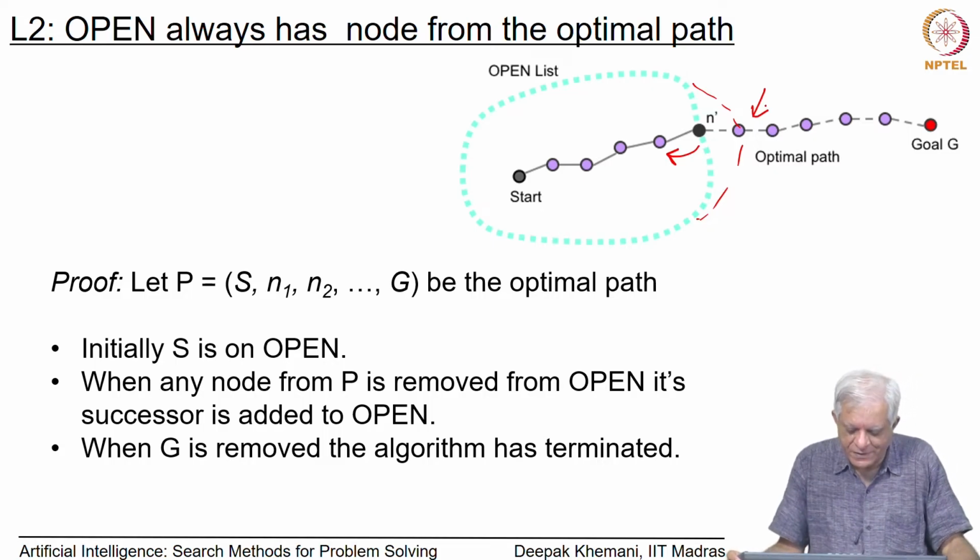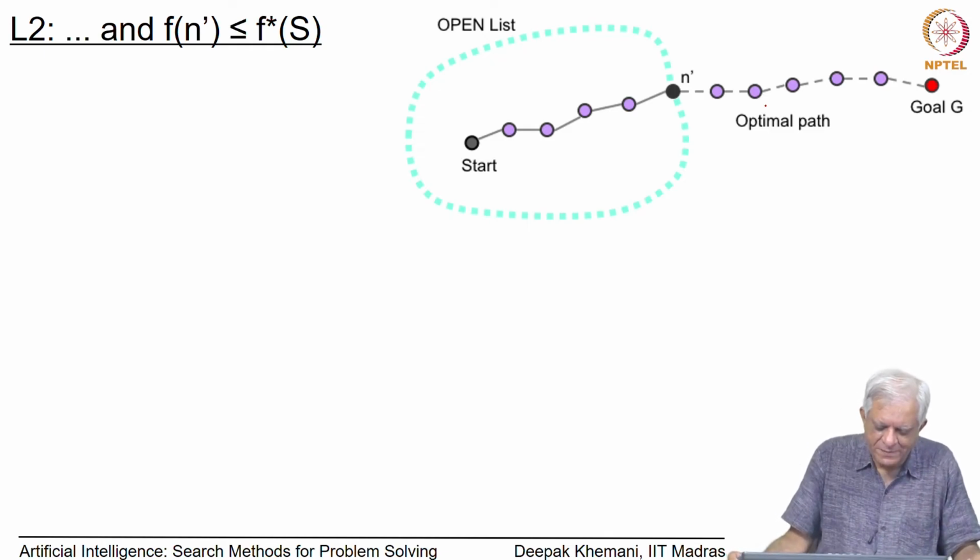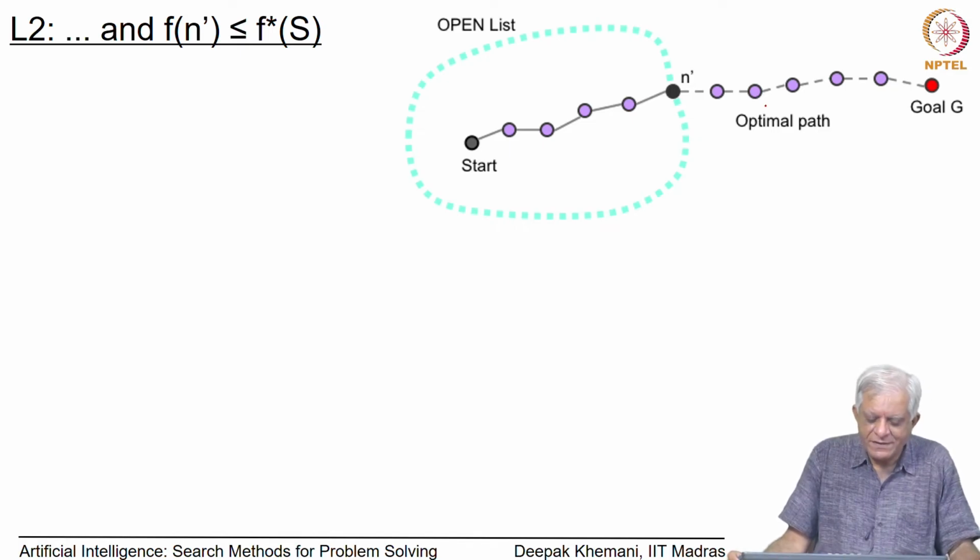Now, the second part says that the f value of this node n prime is going to be less than the optimal cost. So, we will use f star of s as a notation for this optimal cost, because what does f star of s say?